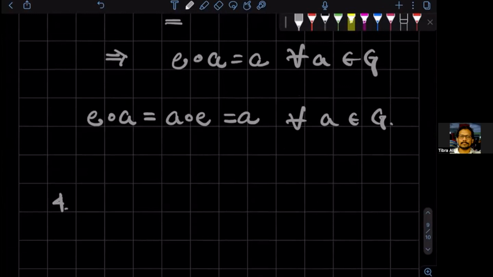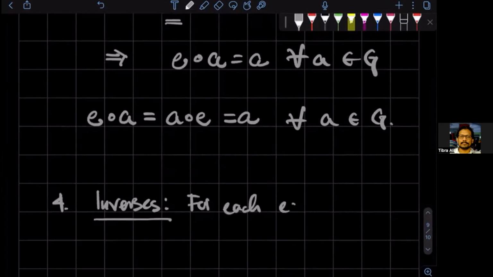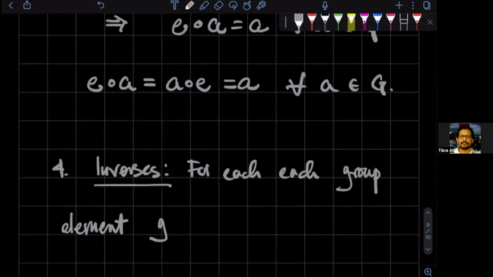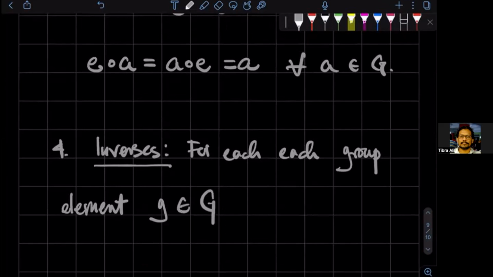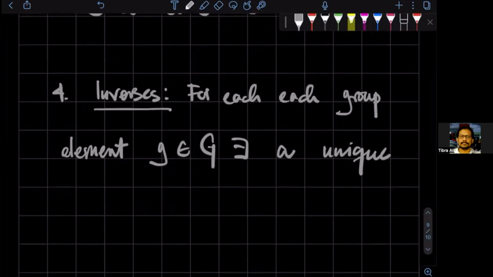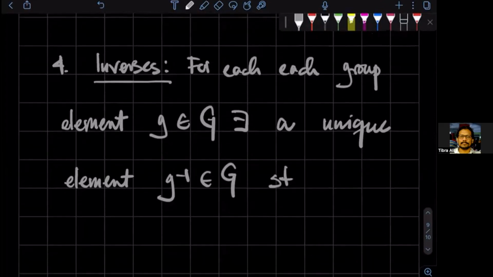Number 4 is that inverse. So for each group element, small g, there exists a unique element, G inverse, such that G inverse G is the identity.